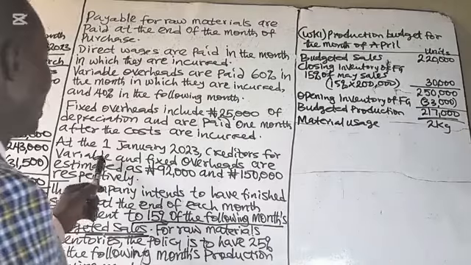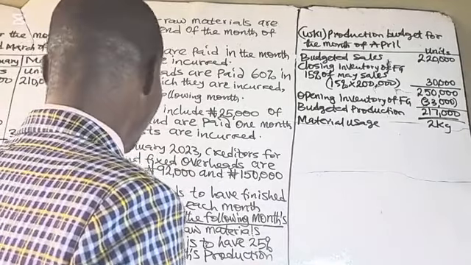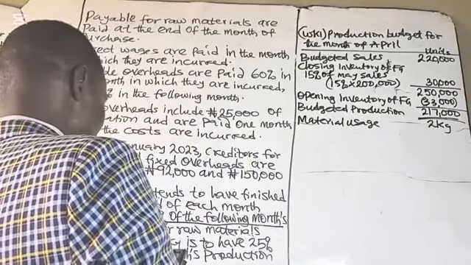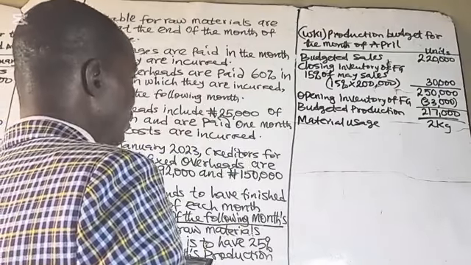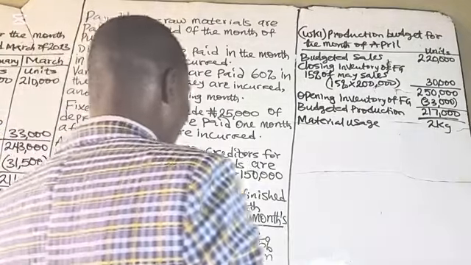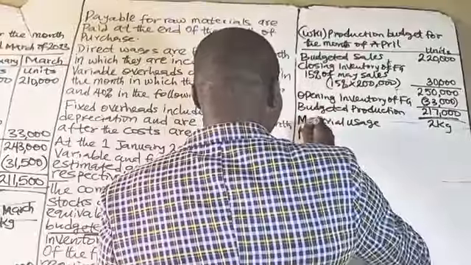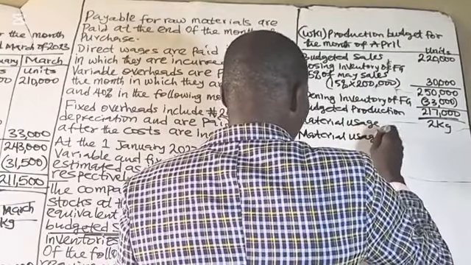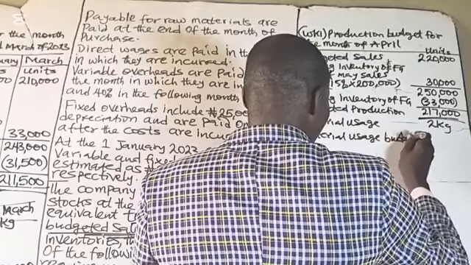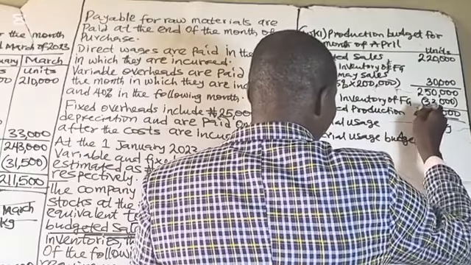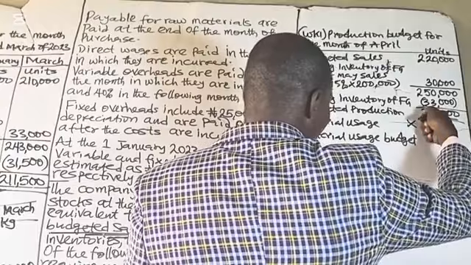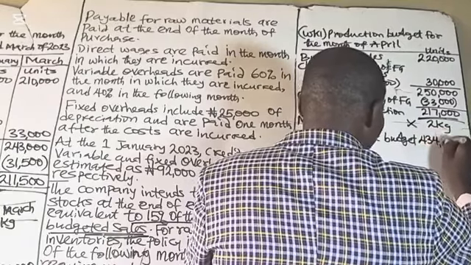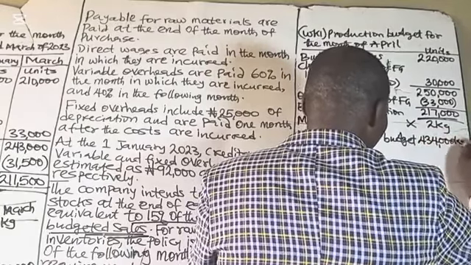Therefore, the material usage in the month of April will be 217,000 times 2, which gives us 434,000 kg.